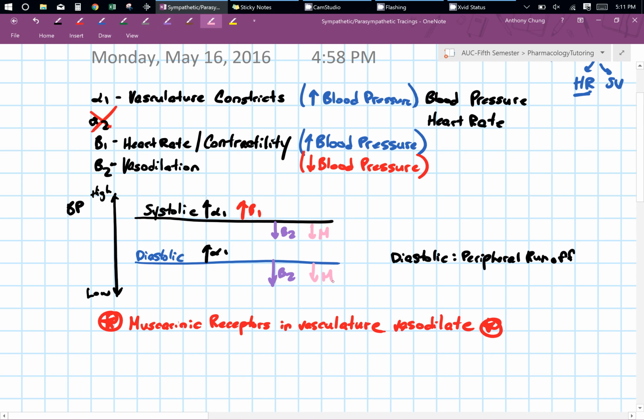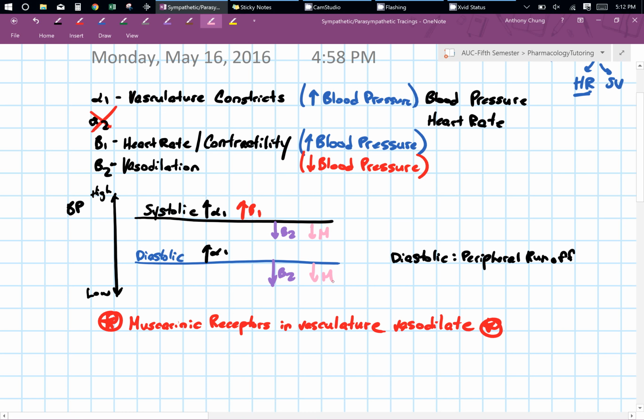But the thing is, it doesn't usually exist. At normal rest, you are never using any muscarinic at all. You only have that vasodilation if someone physically gives you acetylcholine. You don't have acetylcholine floating around your body. The only time you have acetylcholine flowing in your body is if someone injected it to you.